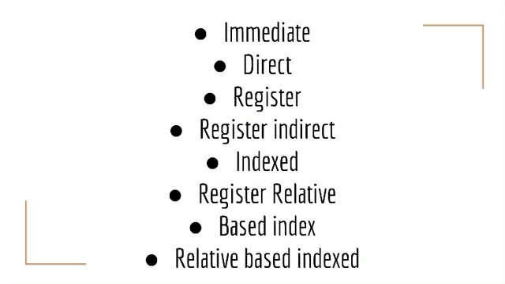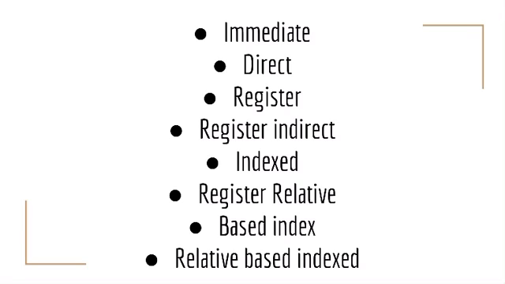Next we have indexed addressing. In this mode, the offset of an operand is stored in one of the index registers. DS is the default segment for the index registers SI and DI respectively. This is a special case of the register indirect addressing mode.